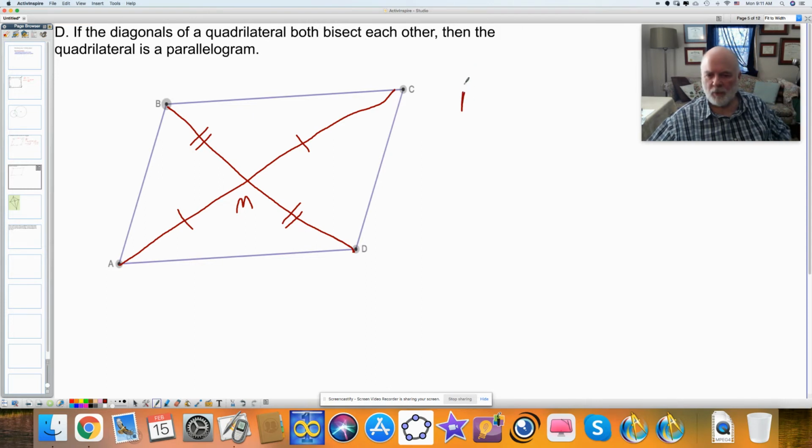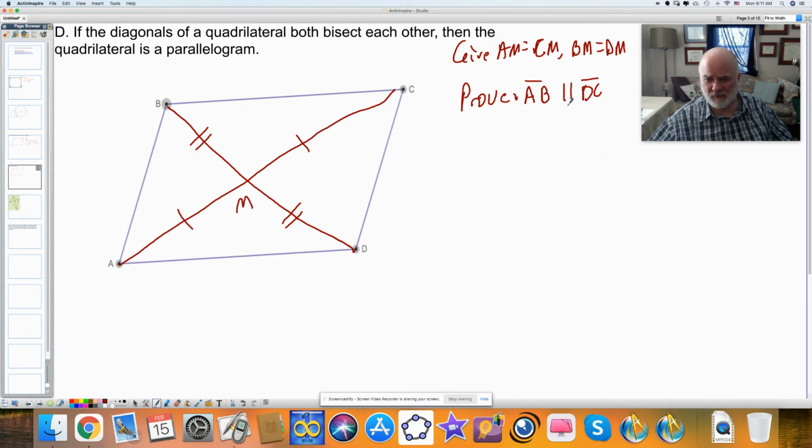Given AM is equal to CM, and BM is equal to DM, prove AB is parallel to DC. This is to prove that it's a parallelogram if both pairs of opposite sides are parallel.